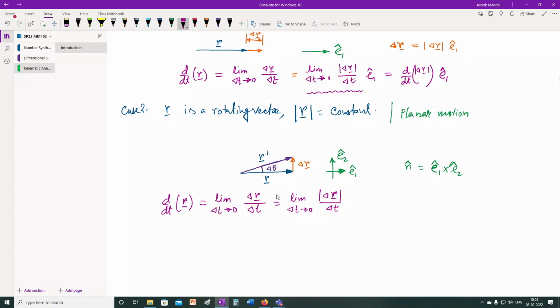It is in the E2 direction. One can argue, how can you say that this is in the E2 direction? You consider a very small theta, infinitesimally small. So the change is obviously along the direction perpendicular to E1, and we are calling it the E2 direction.